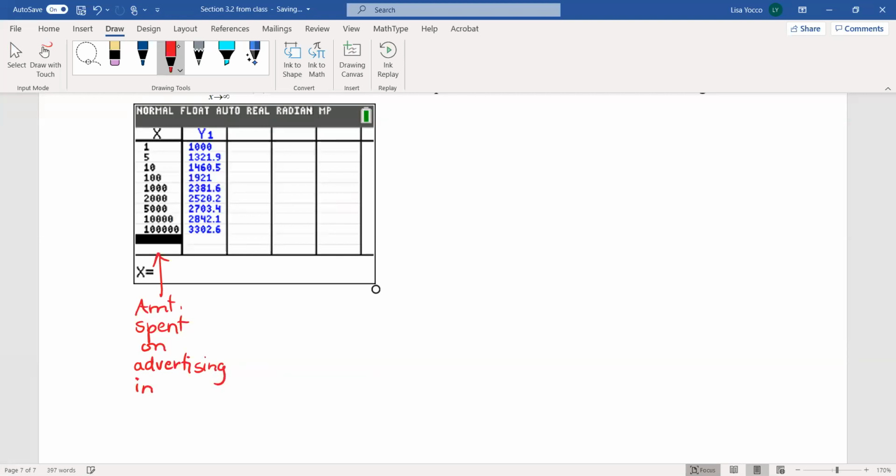And that's also in thousands. And the Y1 column is the number of units sold.